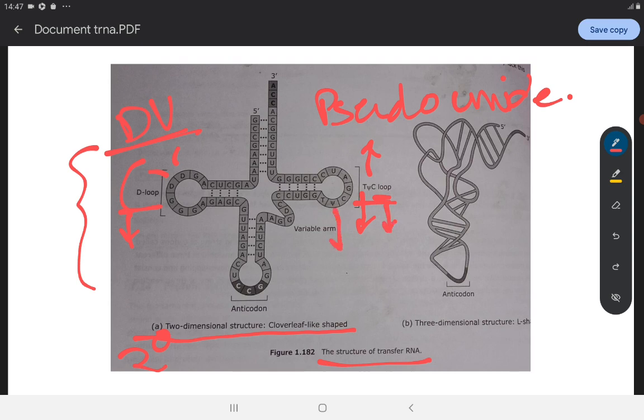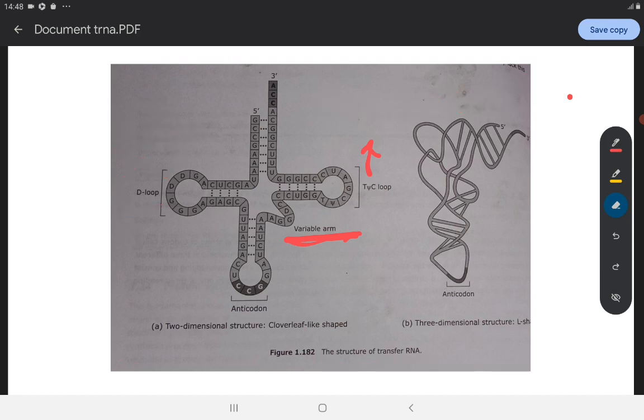So Psi means pseudouridine is present, T means thymine present, and C means cytosine present, right? And this also shows a variable arm. So certain tRNAs also contain a variable arm, while some tRNAs do not contain this variable arm, right? So this is the secondary structure, the two-dimensional structure or the clover leaf model of tRNA.